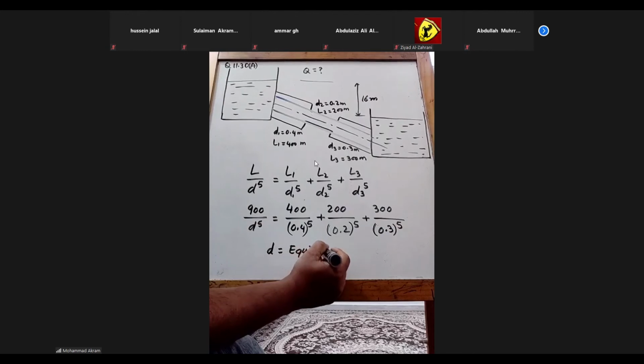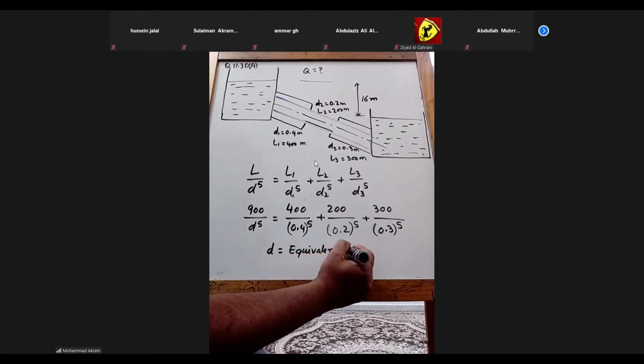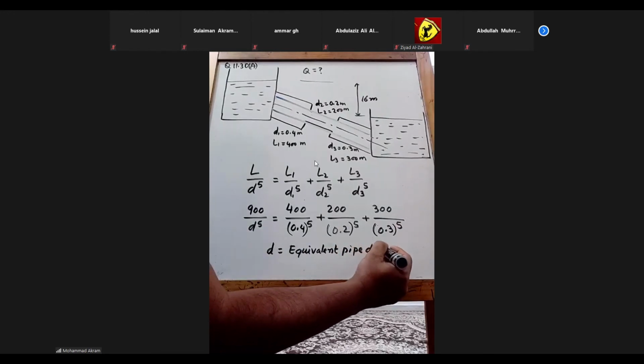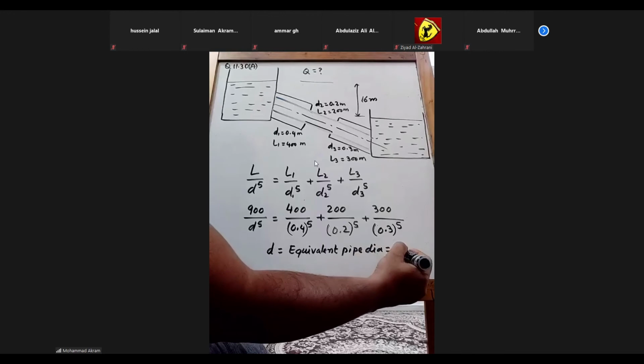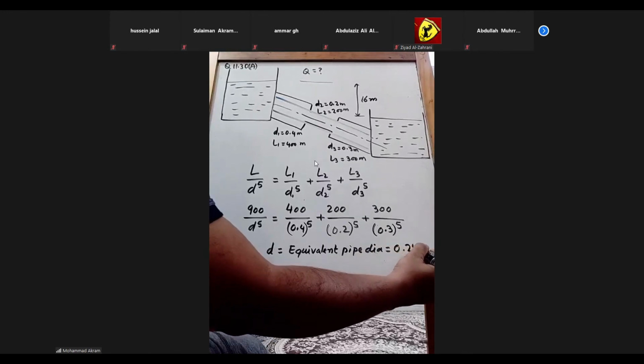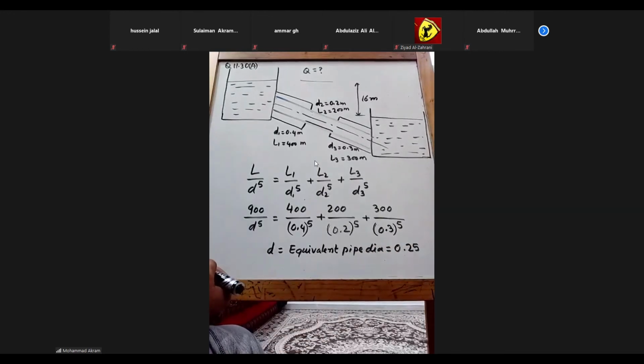I got 0.25, or 0.2579. You have taken the fifth root. Yes. You just put x raised to 5 here, right?